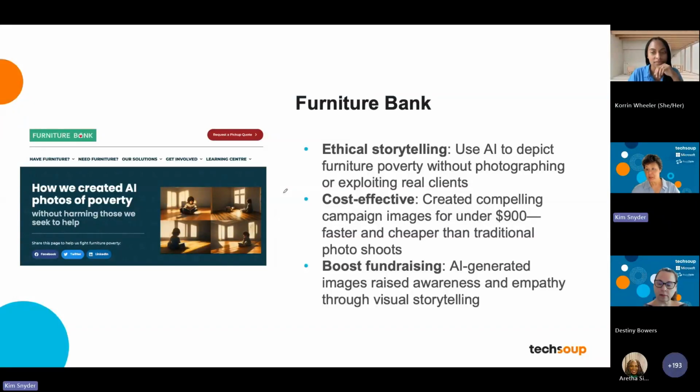Now there was a disclaimer about how they had made these images, but images can talk to people in ways that go beyond words, especially when you're using social media and other formats like that. So they were able to create this quickly, within their budget, and ultimately get more furniture for people who needed furniture.